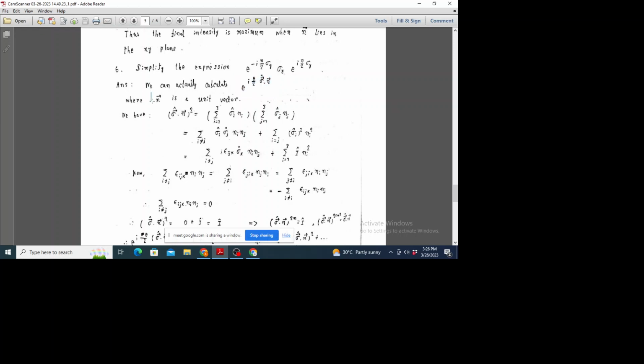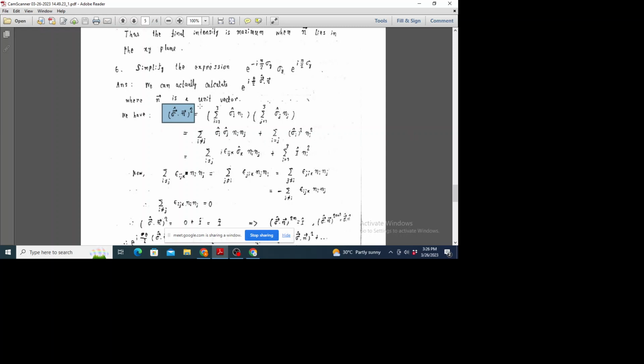Here n is a unit vector, theta is some real number, the rotation angle, so nx square plus ny square plus nz square is equal to 1.